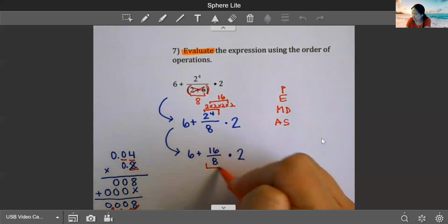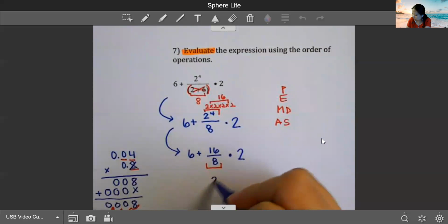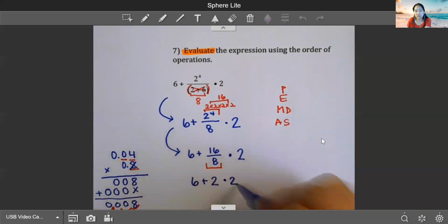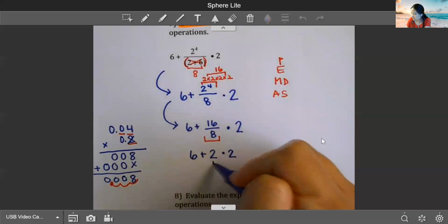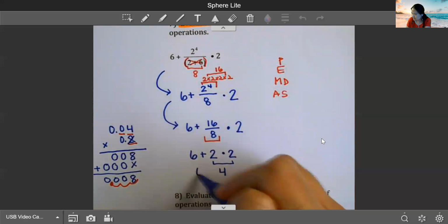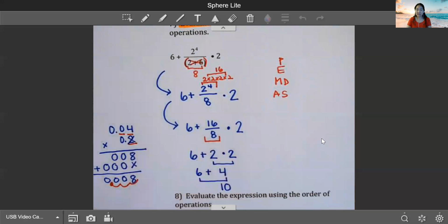So I'm going to do 16 divided by 8, which is 2. So 6 plus 2 times 2. You need to multiply next, which is 4. 6 plus 4, and the final answer is 10.